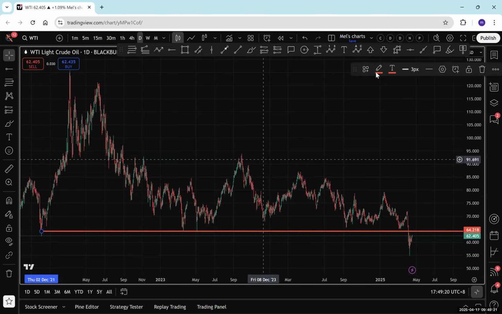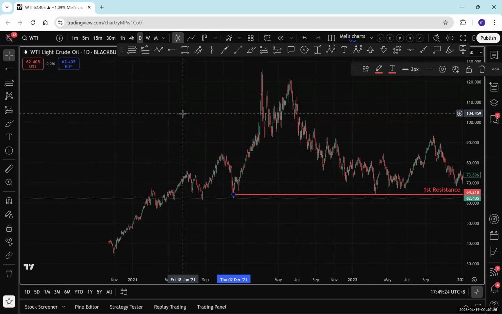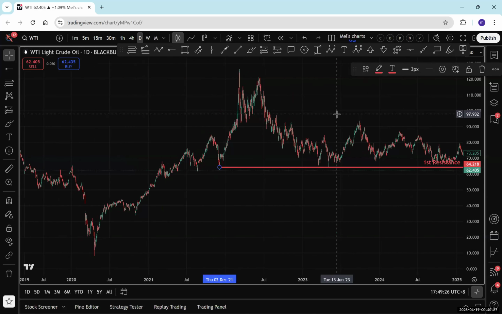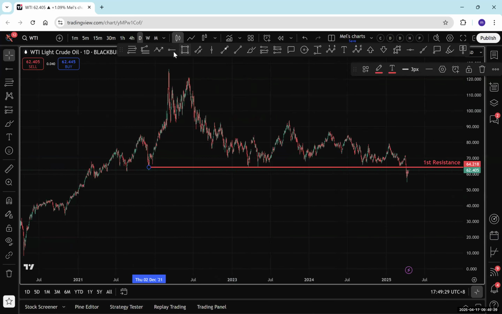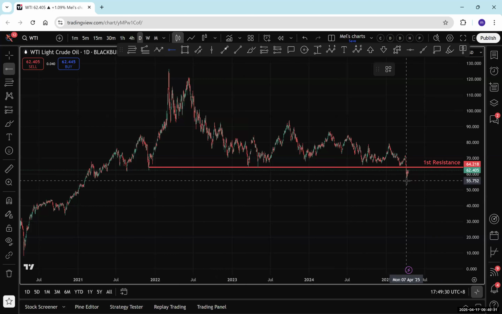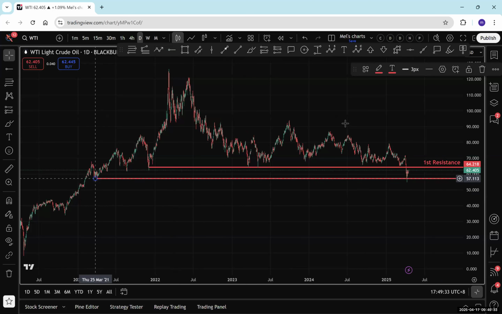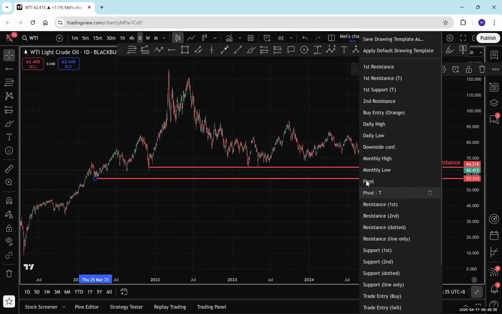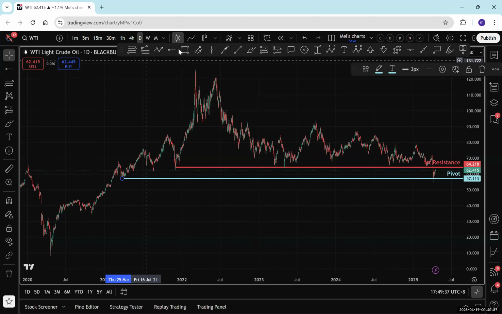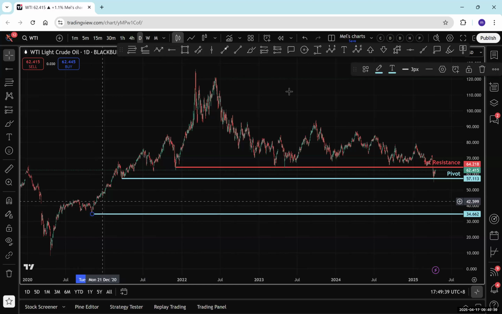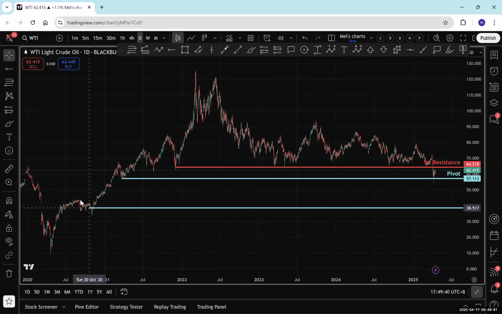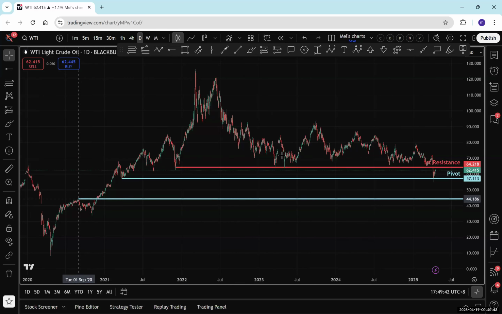Okay, let's go ahead and place our first resistance here. And then my first support, or like I'll label it as the pivot. Pivot and first support just here. Or maybe here.